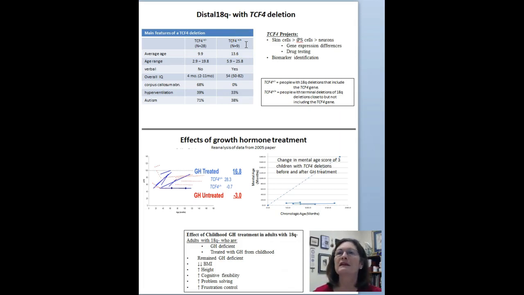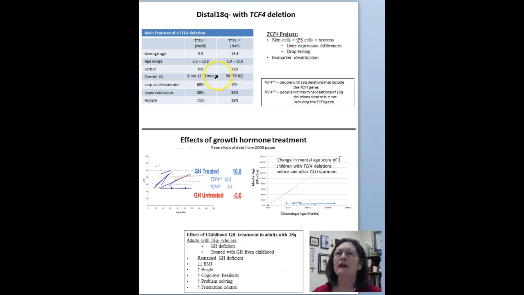So you can see that dramatically, even though the age ranges are kind of similar, the group that does not have a TCF4 deletion, they were all verbal, and those that did have a TCF4 deletion were nonverbal. And the IQ of those without a TCF4 deletion is on average 54, but you can see it's a huge range.